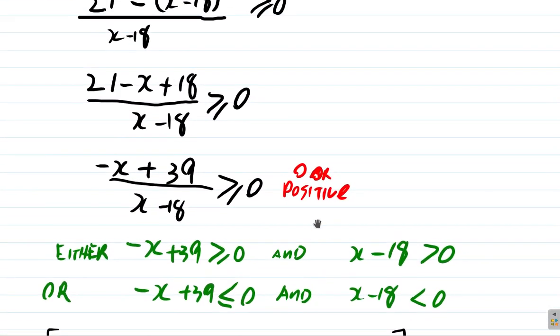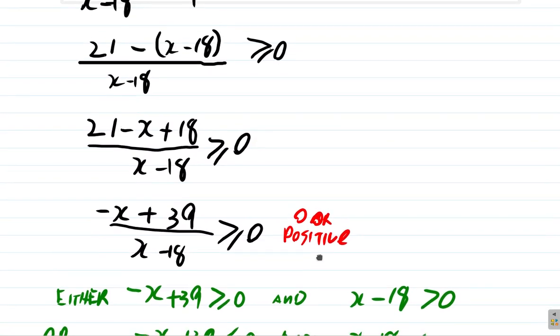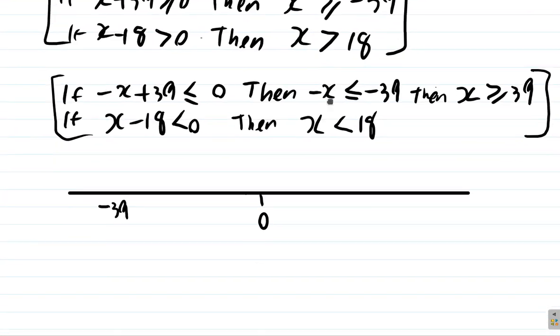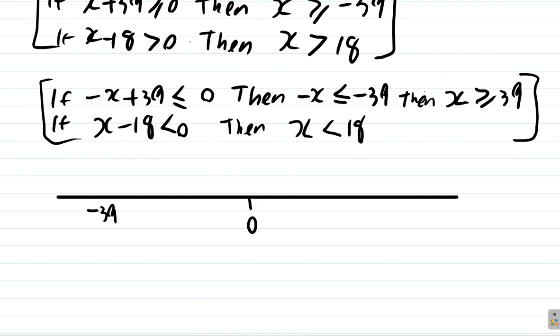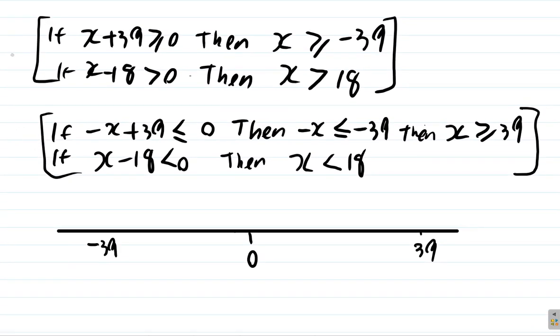That's minus x, good. So negative 39. We also have a positive 39. We also have the number 18 in both cases. No, 18 would be on this side.